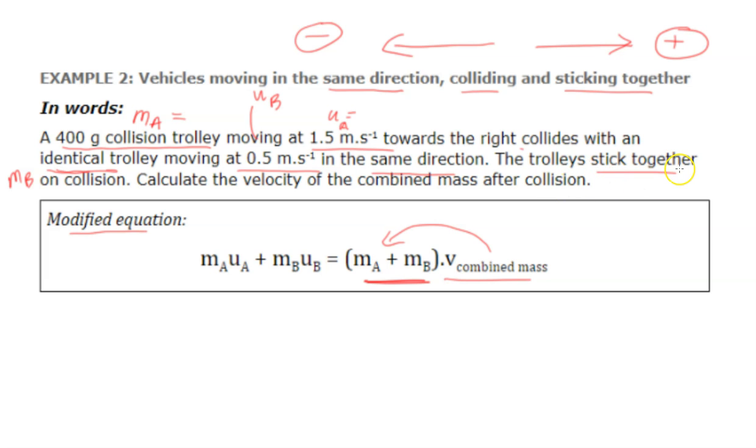The trolleys stick together on collision. So that means we combine the masses and we have the final velocity of the combined masses. We'll just use V subscript C for that one. So let's go on and annotate our diagram.